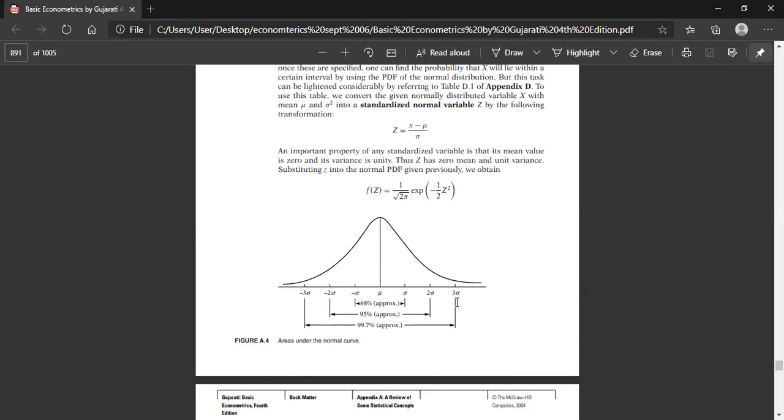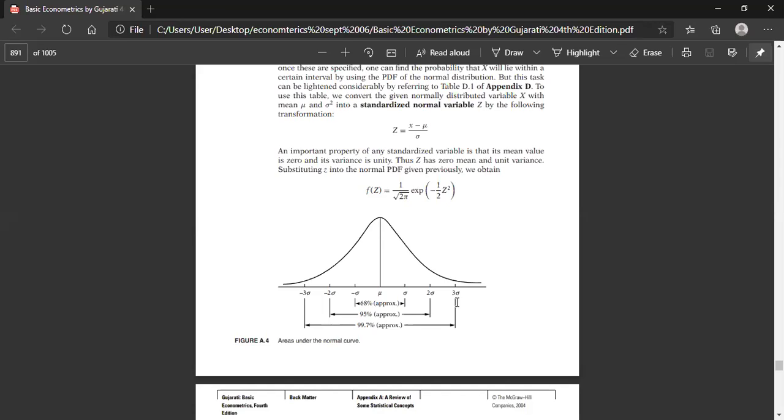Now the problem is this. The normal curve is bell-shaped, symmetric, and all. However, the curve changes with mu and sigma square. These are 2 parameters. If mu is different, you get a different curve. Then probability changes.